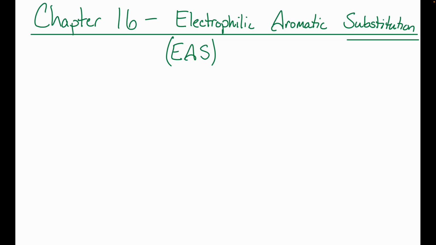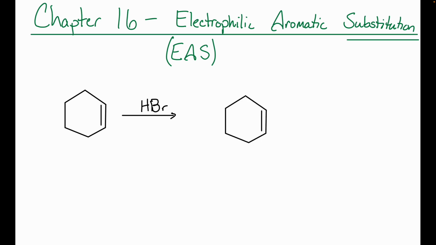So for example, if we took cyclohexene, we would react that with, for example, HBr, and we would get the addition product, where the hydrogen gets added to one side of that double bond, the bromine gets added to the other side. Again, this is what we would call an addition reaction. So this is our addition product.